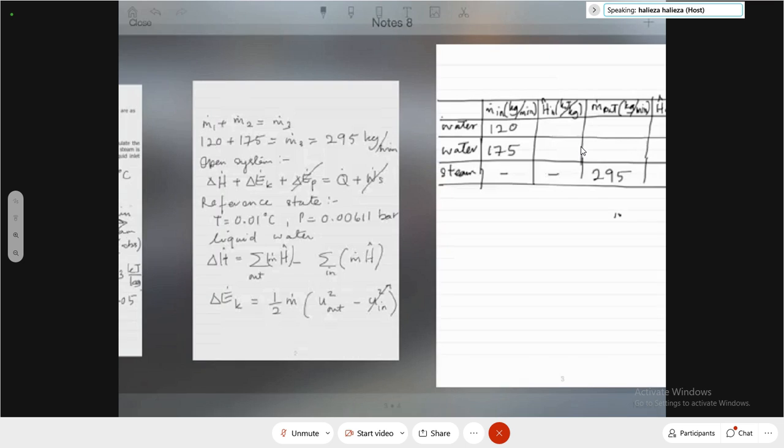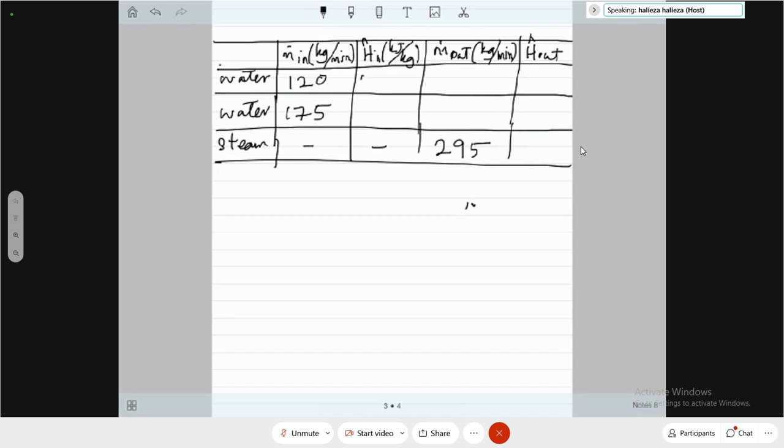The first value is 125.7. The second value we got after interpolation, 272.05. There's no outlet stream here for the water. The outlet stream, the enthalpy is 2793, which we got from the steam table.